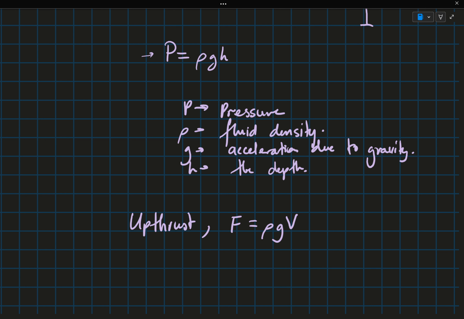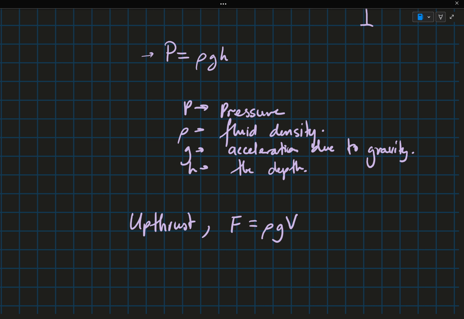So we're looking at this. The volume V would be equal to the cross-sectional area, A, times the depth, h.